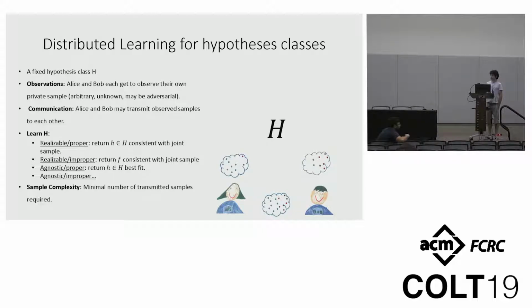But overall, they have their hypothesis class, and we want to decide or learn whether there is a good hypothesis in the class that separates the sample. And you can think of this setting in the realizable proper case, the realizable improper, agnostic proper, agnostic improper, and so on. As before, they can communicate with samples. They can transmit samples to each other. And the main question is sample complexity. You want to know what is the sample complexity of the hypothesis class: how many examples I need to send if I want to learn the class.